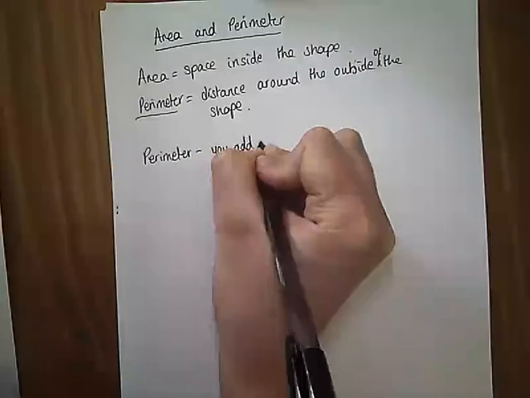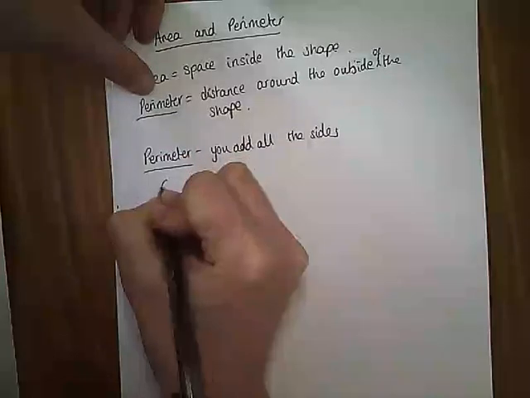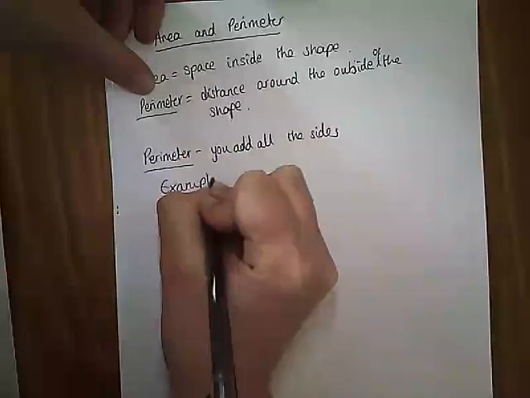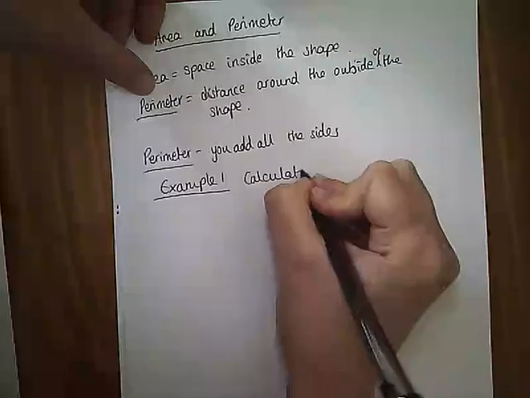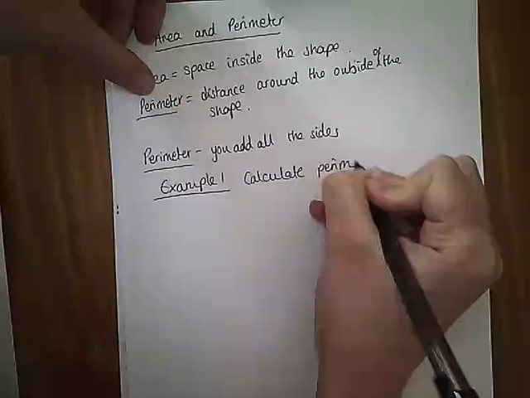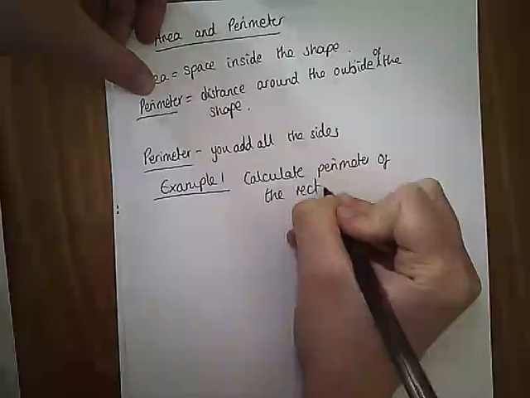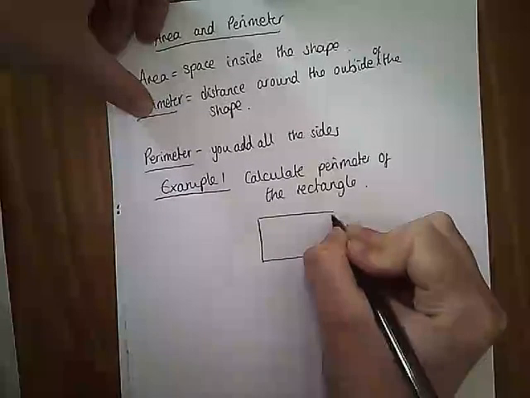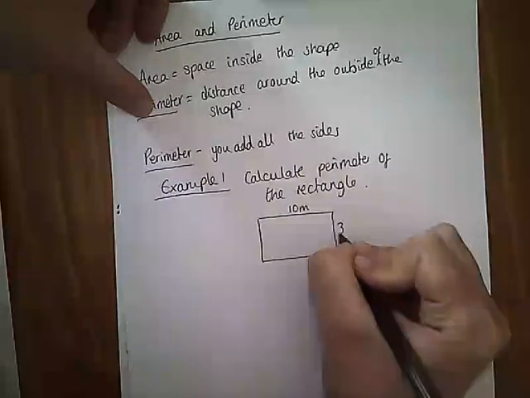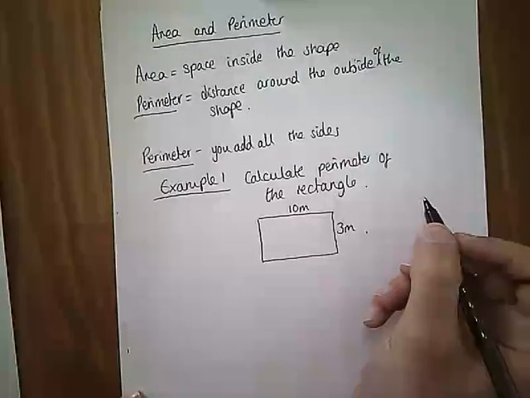So, for example, if you had a rectangle and you had to calculate the perimeter, you would add all your sides up. So here's a rectangle, and we have been asked to calculate the perimeter. I'm trying to go at the distance around the outside of the shape.